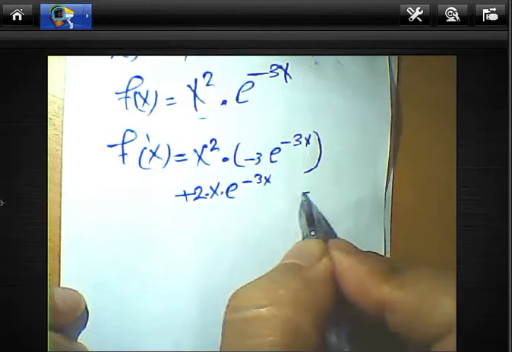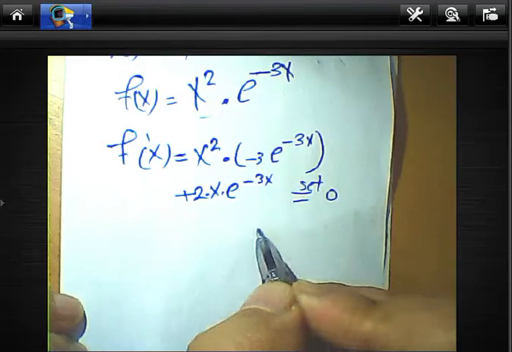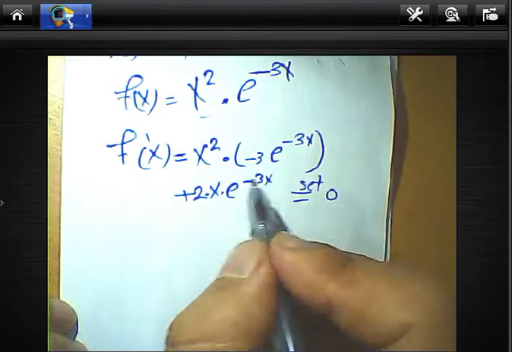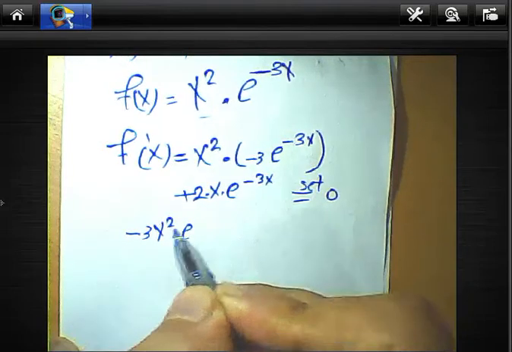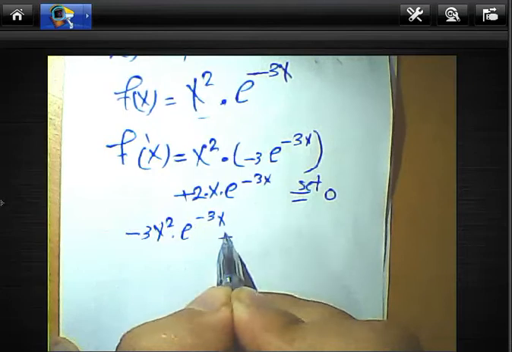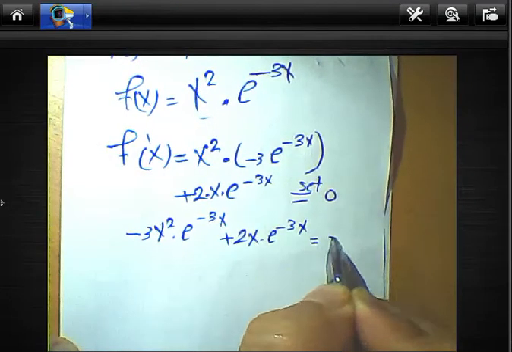Then set all this expression equal to 0. We can write negative 3x power 2 dot e power negative 3x plus 2x dot e power negative 3x equals 0.